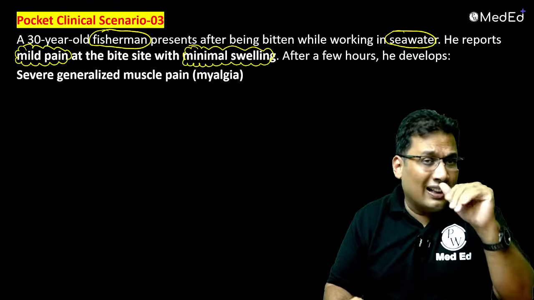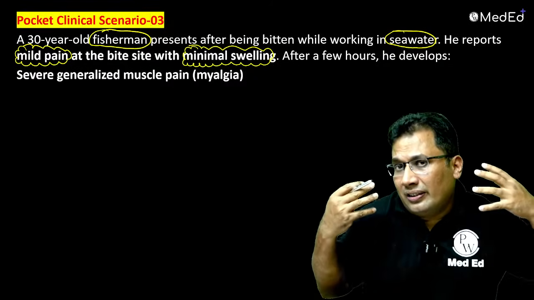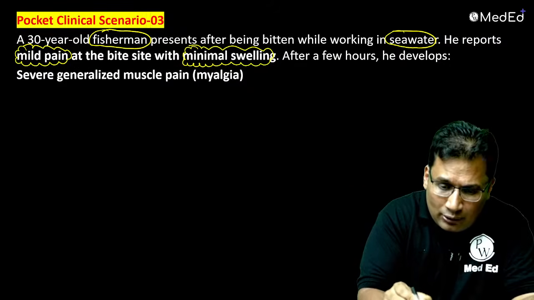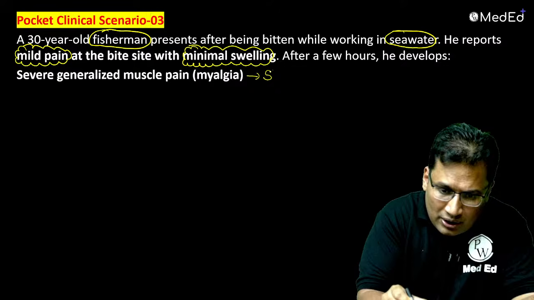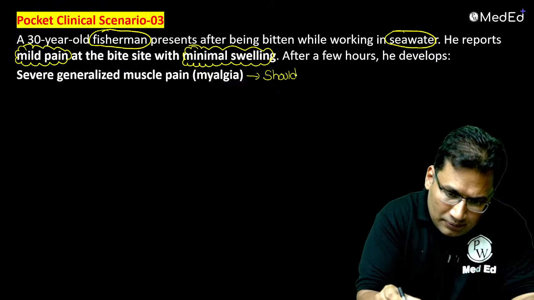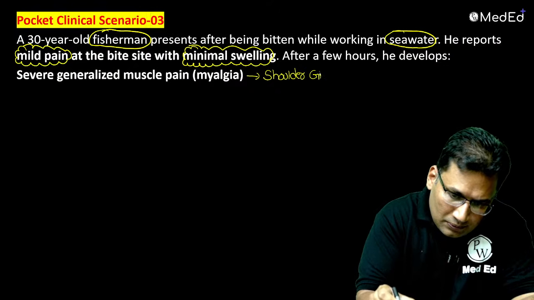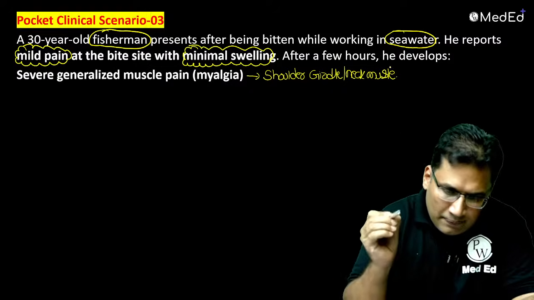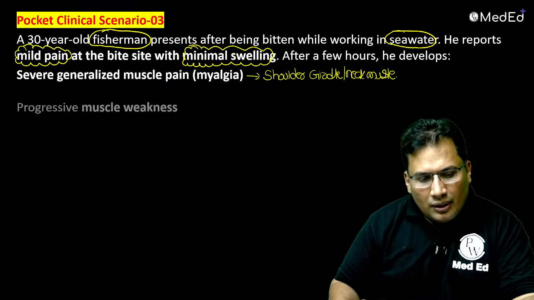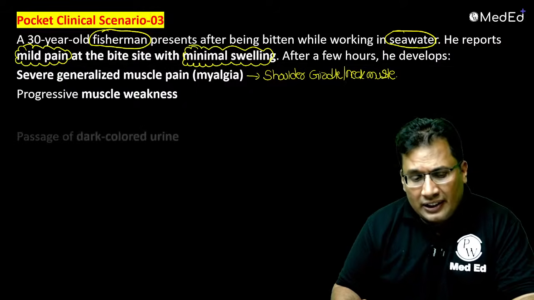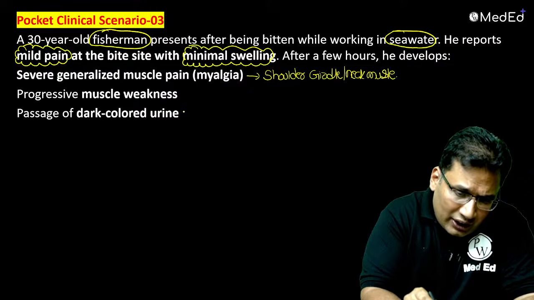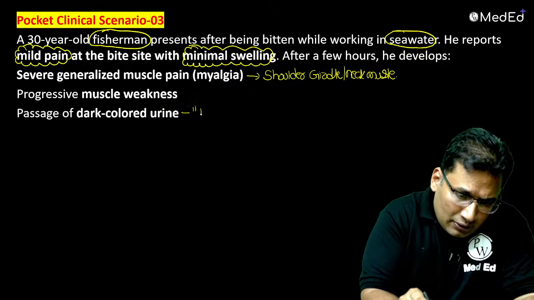We call it myalgia, especially of the muscles of the neck and the shoulder girdle. Then progressive muscle weakness, and passage of dark colored urine, that is because of myoglobinuria.